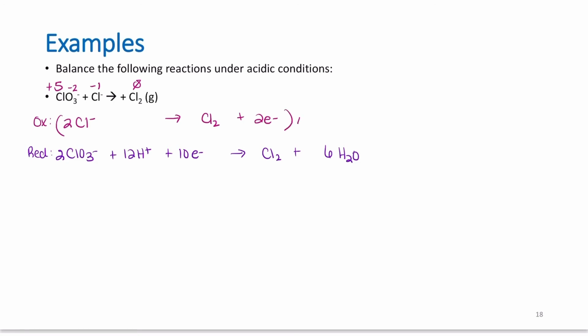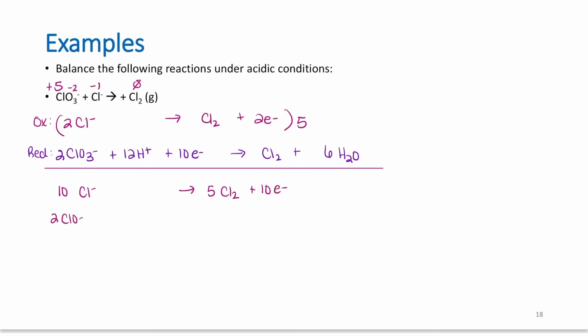I'm going to multiply this reaction by 5 to equalize my electrons in both reactions. That gives me 10 Cl- to 5 Cl2 plus 10 electrons, and 2 ClO3- plus 12 H+ plus 10 electrons, giving me Cl2 plus 6 H2O.